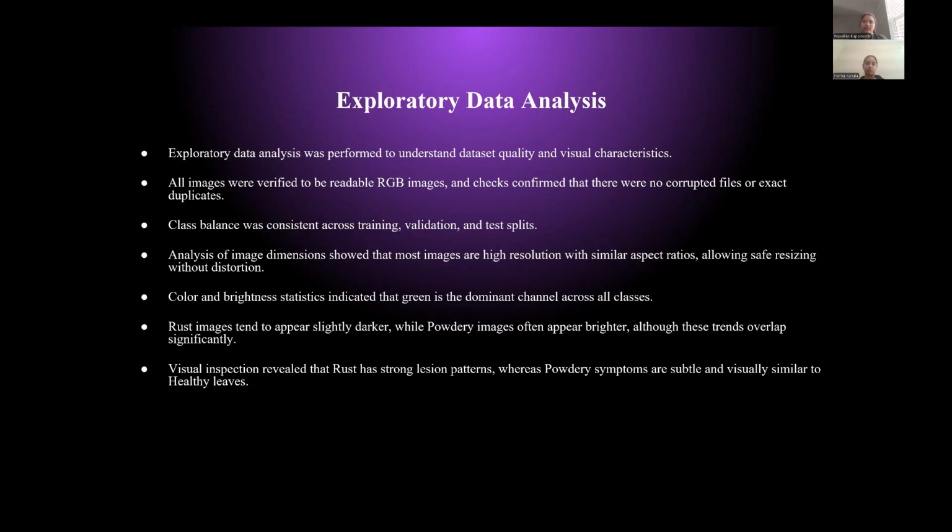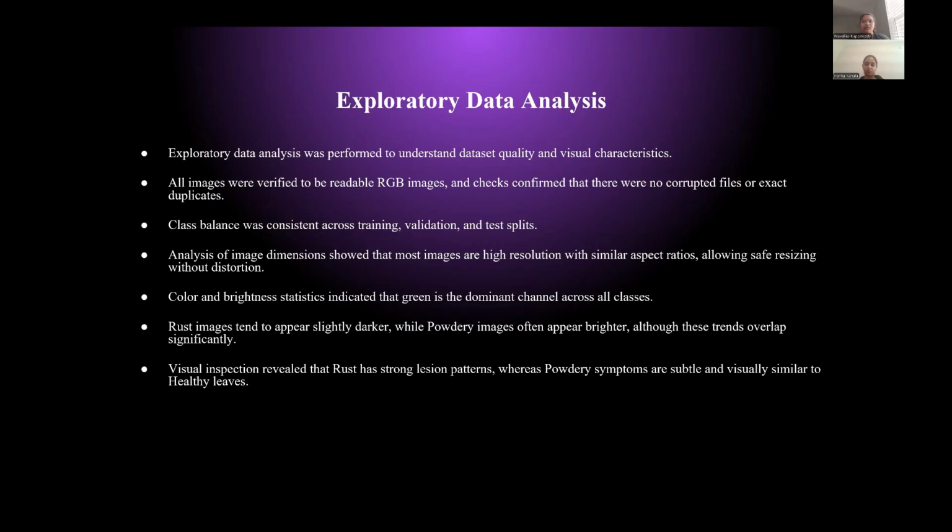When we saw the images from the training data set, we can easily identify the rust images because of the marks. But the powdery and the healthy images are a bit tricky, because the powdery images have a brighter tone and a whitish coating, which makes the models get confused easily when compared to the rust one.